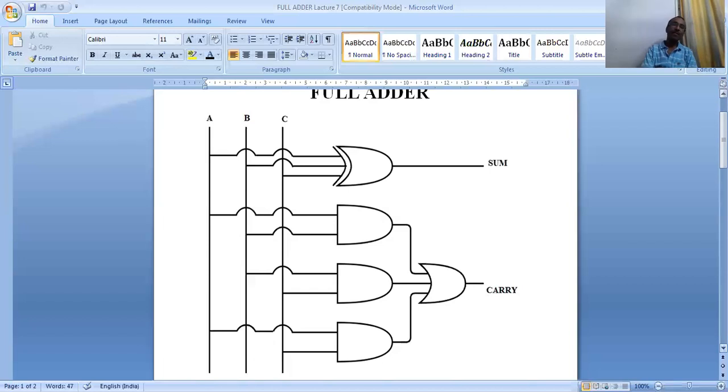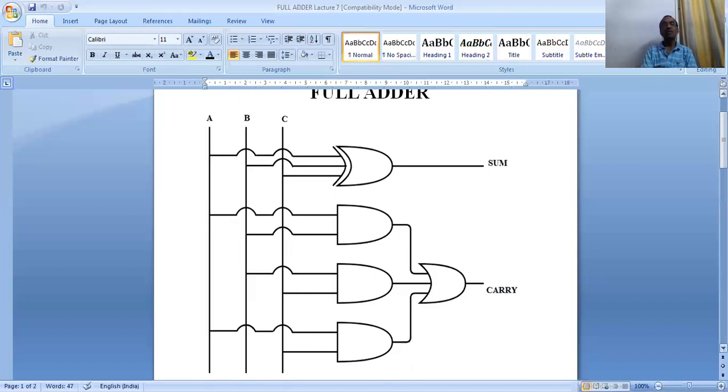Okay. Then A equal to 0, B equal to 0, output of the first AND gate is 0. B equal to 0, C equal to 1, 0 multiplied by 1 is 0. The output of the second AND gate also is 0. C equal to 1, A equal to 0, again 0 multiplied by 1.